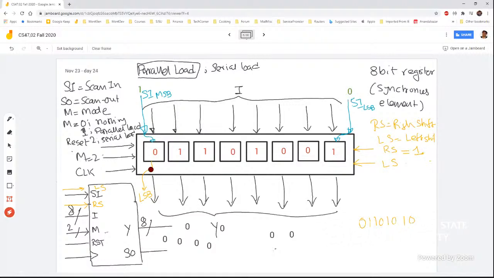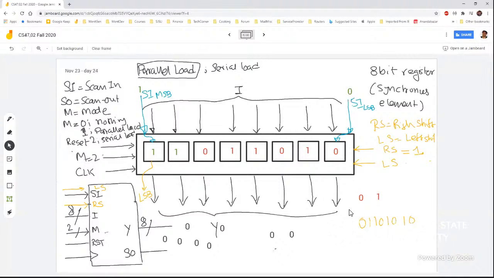In that clock cycle, it will throw away this guy. Everything is shifted, and on the MSB, this bit will be copied. So one more right shift. This will be thrown away, shift, shift, shift, and this is copied.